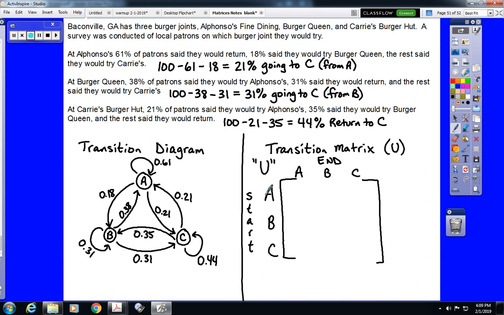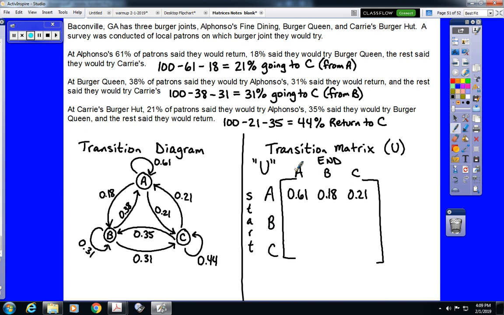The people that start at A and end at A is this loop. So 0.61 goes in the upper left. Starting at A and ending at B, that's this edge, is 18% or 0.18. And starting at A, ending at C is the 0.21.